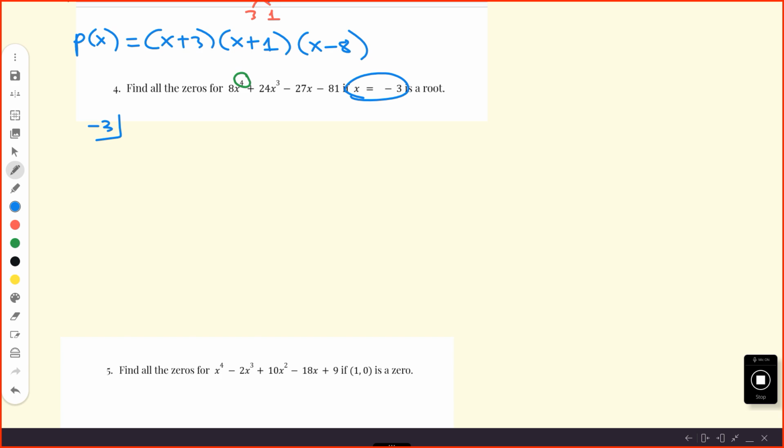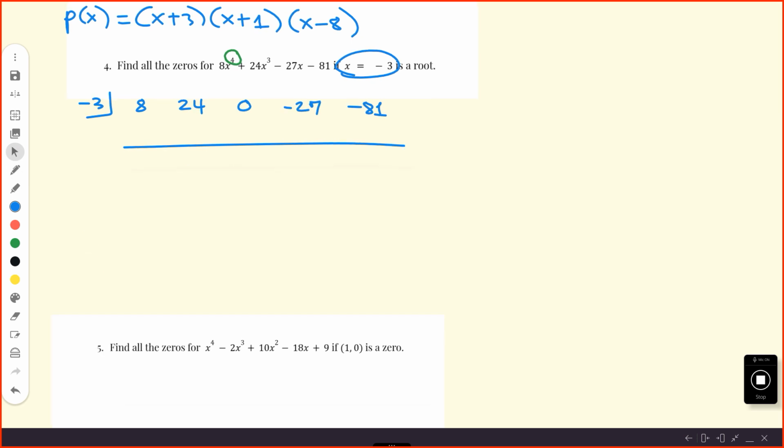Is there a missing term? Yes, the x squared is missing. We can check because this is degree 4 and we should write out 5 numbers. So that is 8, 24, 0 because x squared is missing, negative 27, and negative 81.